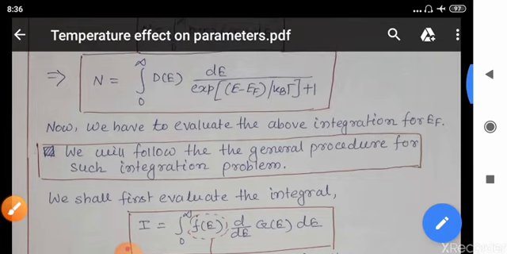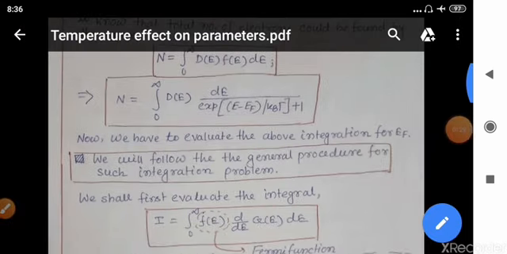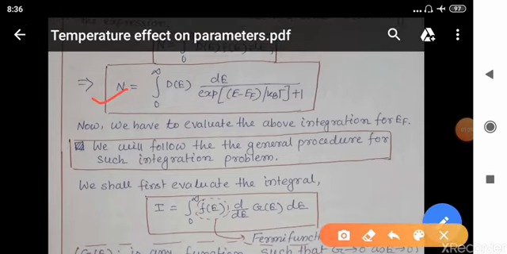So we would like to evaluate this integration, and we will find it from this form.